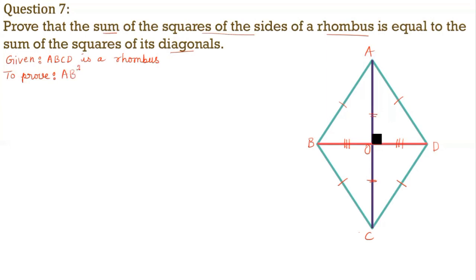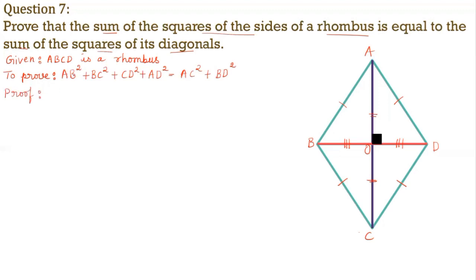Sum of the squares of the sides, that is AB square plus BC square plus CD square plus AD square is equal to sum of the squares of its diagonals, AC square plus BD square. This we had to prove.